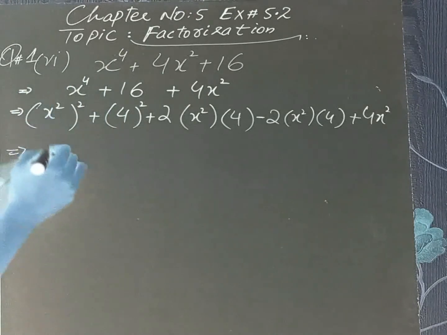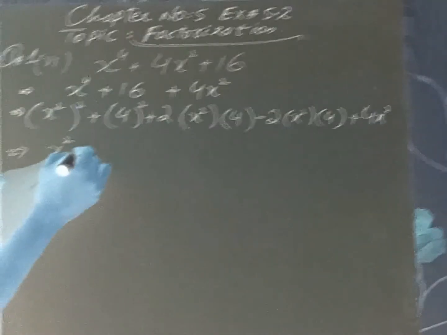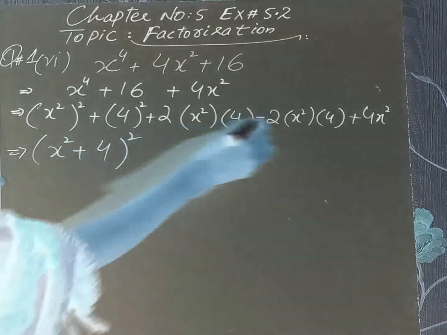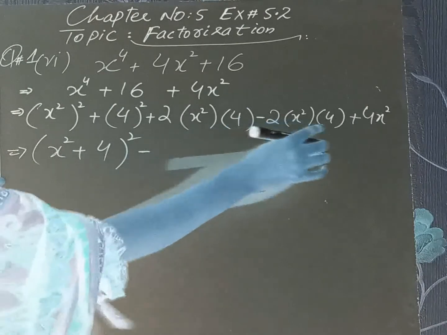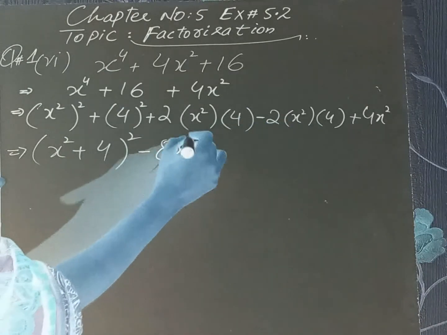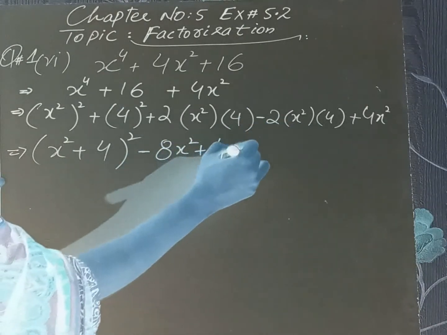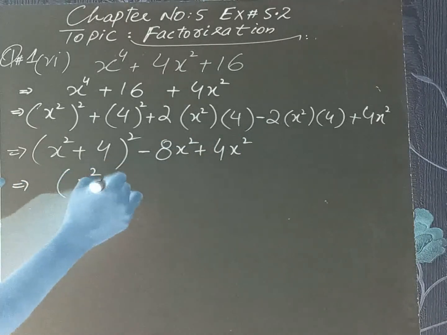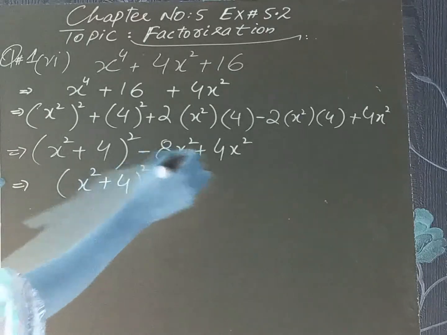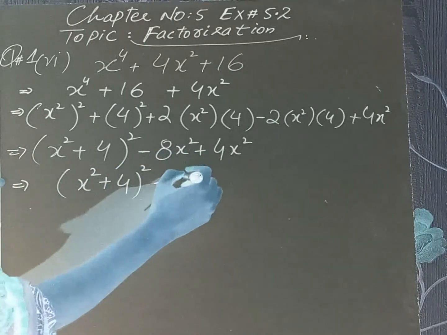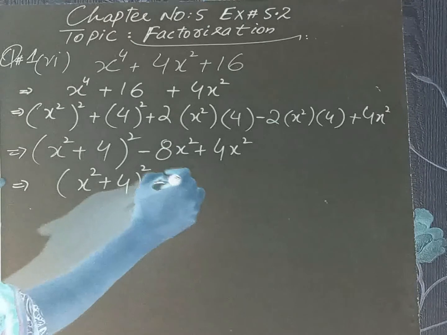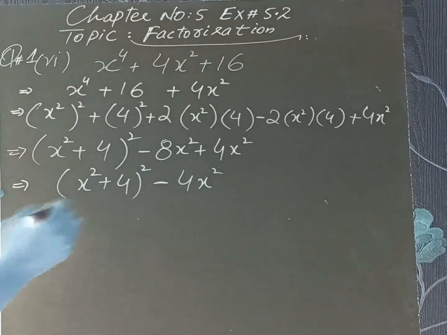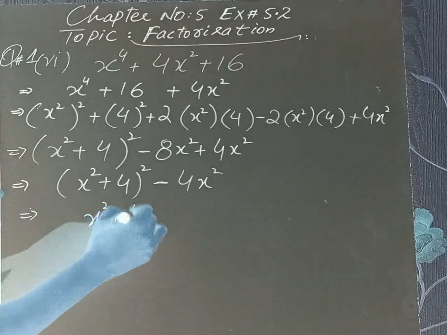So here a means x squared plus b means 4, minus 2 times 4 times x squared plus 4x squared, which is minus 4x squared. We subtract with the greater value's sign, which is minus. This is a perfect square of itself.